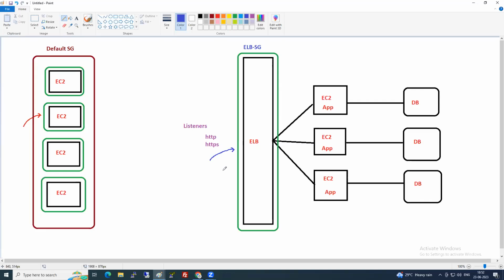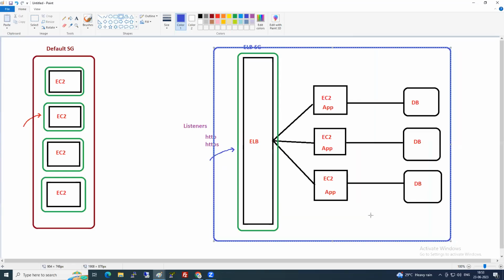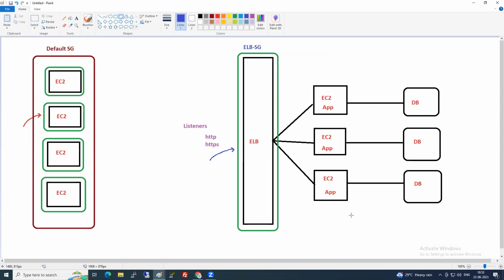No. Is it required to allow RDP? No, that is a load balancer, meaning only HTTP. If you use only one security group, you put all port numbers inside it. Is it good? No. See how I'm segregating it.